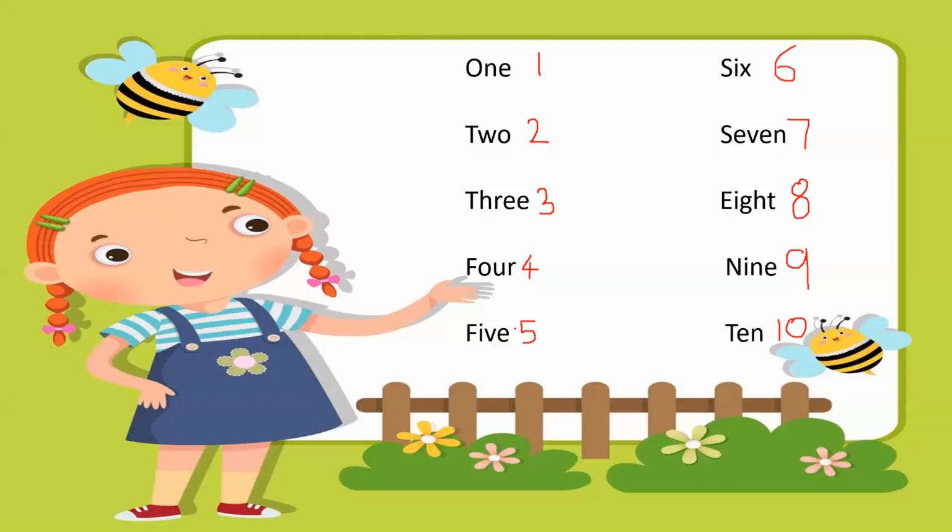S-I-X, 6. S-E-V-E-N, 7. You have to write also. Then E-I-G-H-T, 8.